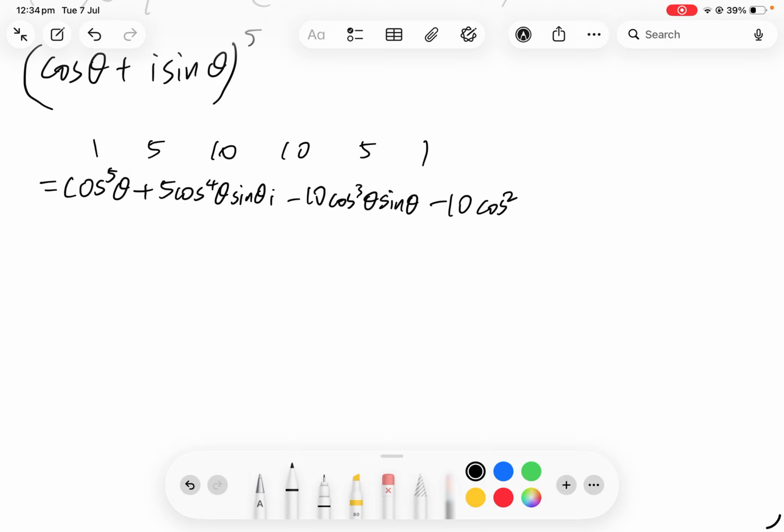There's cos squared theta sine to the power 3 theta i.